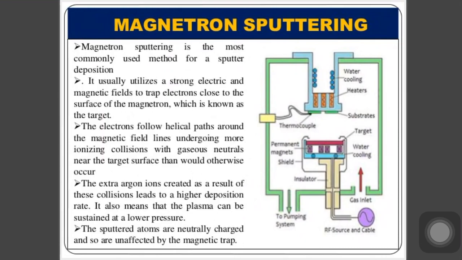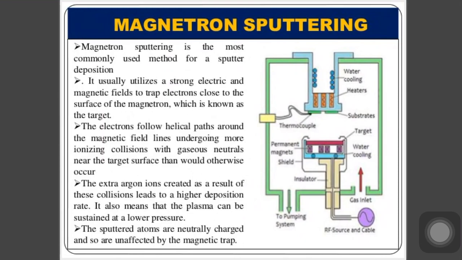So here you can see a graphical illustration of this process, which is going on in a closed vacuum chamber. Here you can see that there is a source of cables from the bottom.